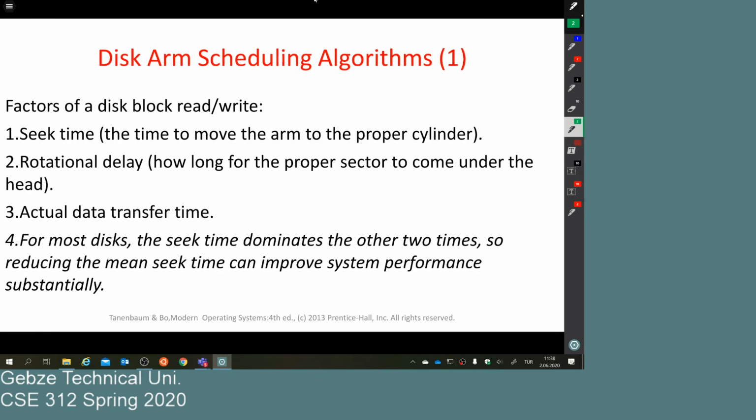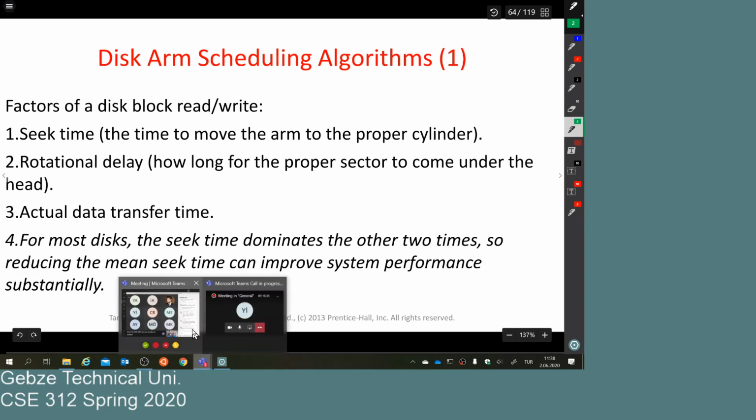Okay, another issue with the disk is the disk arm scheduling algorithms. Let's say I have a disk. With the disk, there are many important factors. The most time-consuming factor is the seek time: moving your disk head from one position to another position.